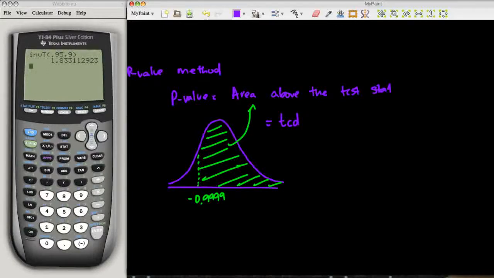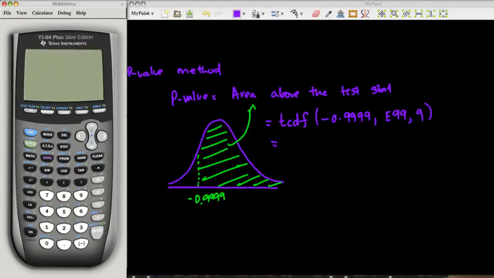The lower endpoint is -0.9999, and the upper endpoint is infinity, so E99, and the degrees of freedom is 9, which is 10 minus 1. And we could do this using a calculator.